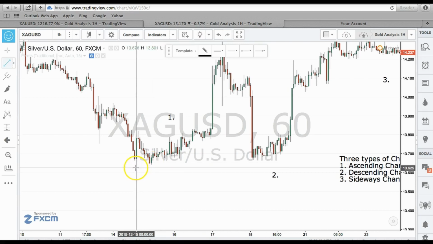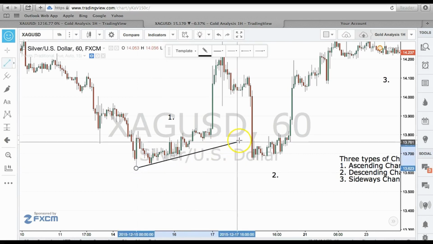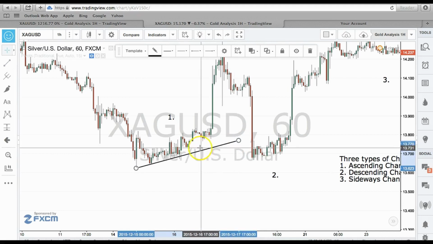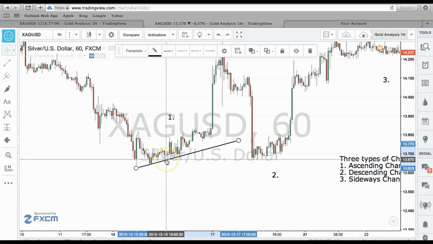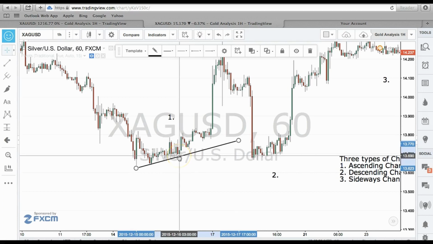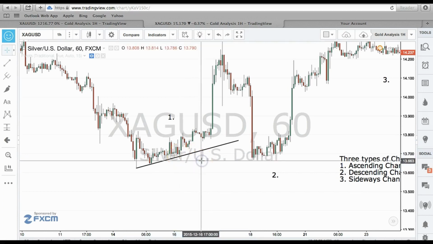So we'll go ahead and create it. And then you'll notice that price touches again right here, again right here, again right here, and so on. So it touched that trend line multiple times, but after it touched the 3rd time, that would have confirmed our trend line.